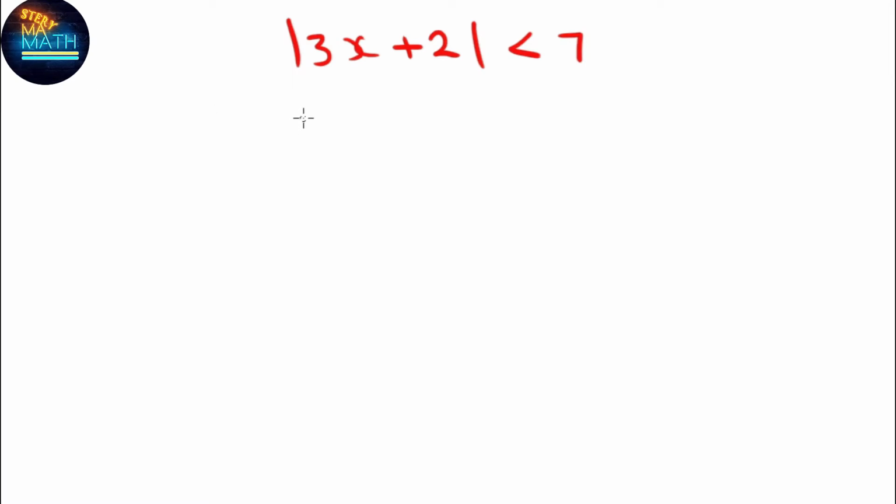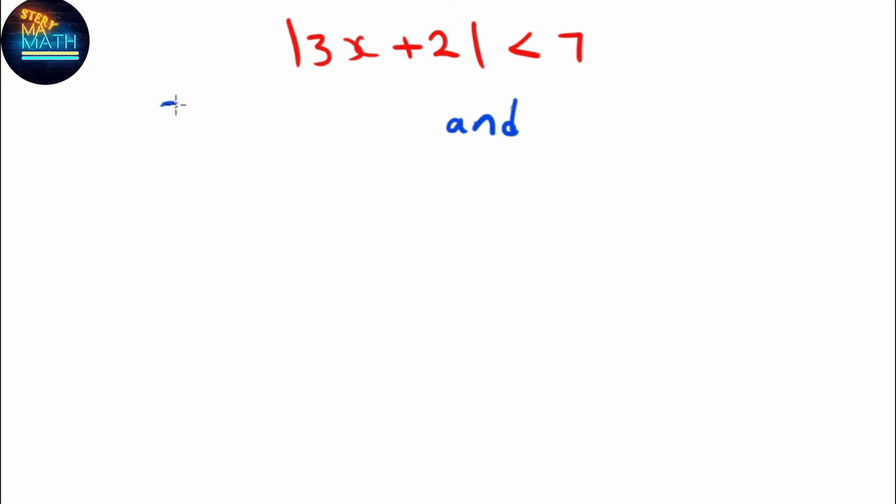Let's take an example. The absolute value of 3x plus 2 is less than 7. Remember, because we have the sign less than, so I will write the word AND. And I will split the inequality into two inequalities. The first one will be the original inequality without the bars.